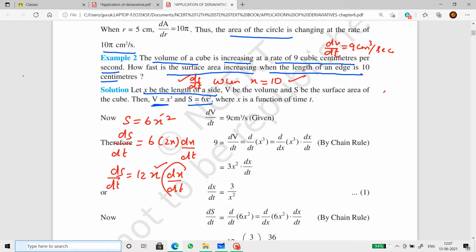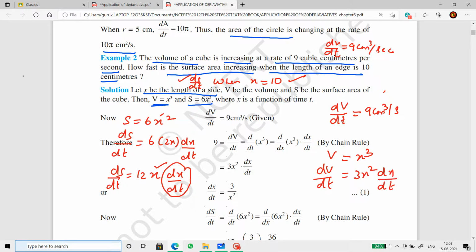No, I have to find dx by dt, which means the rate of change of side. For that only, they have given the volume info: dV by dt equals 9 cubic centimeter per second. What is the volume of a cube? x cube. When I differentiate that with respect to time, I get 3x square into dx by dt.